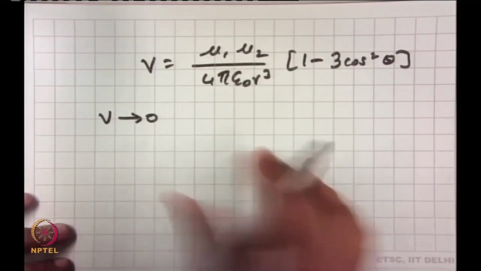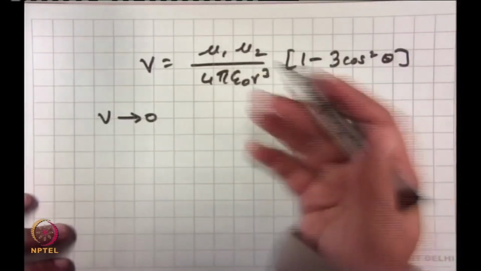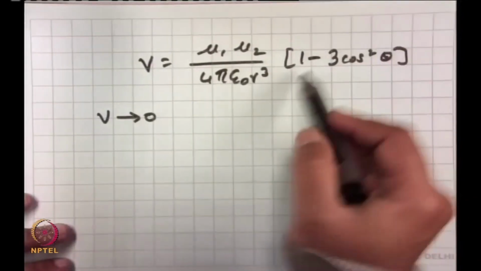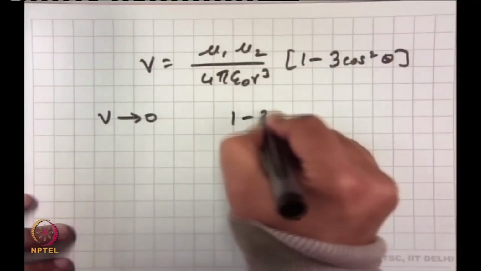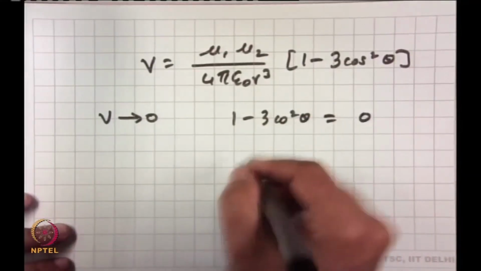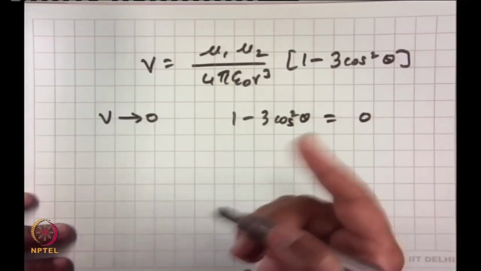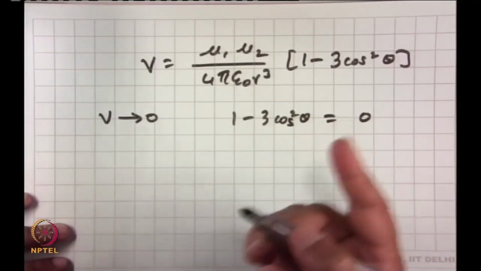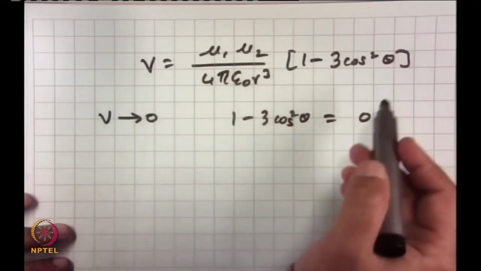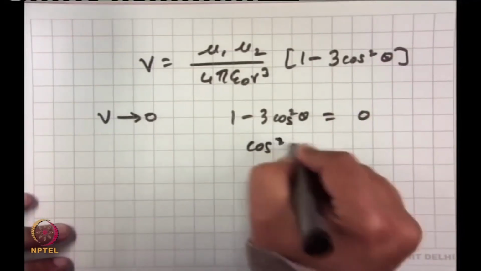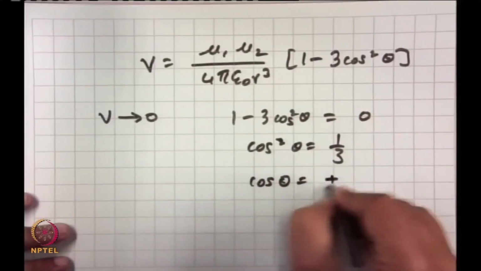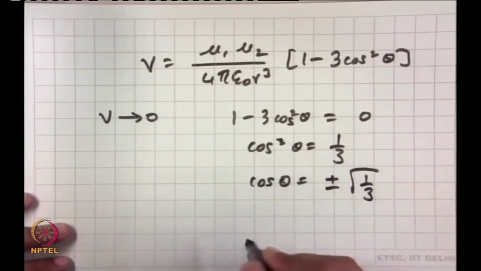See, mu1 and mu2 cannot be 0, because we know they are dipoles, that is a given. If mu1 is 0, then obviously we are not going to talk about anything else. So 1 minus 3 cosine squared theta should go to 0. That means what you are trying to find out is at what angle you would not be having any interactions between the dipoles. That is essentially what you are saying, right? That means if V is going to 0, I can write cosine squared theta is equal to 1 by 3, or cos theta is equal to plus minus 1 by root 3.